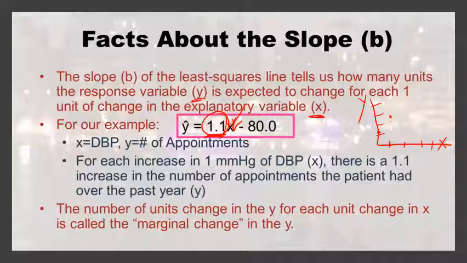So it might be estimated to be around here, and then you go up again 1 unit of x, and then we'll have to go up 1.1 units of y. So 1.1 could be estimated maybe around here. Okay, so that's pretty much how you would plot your y hat equation. Okay, so that's really what that means.